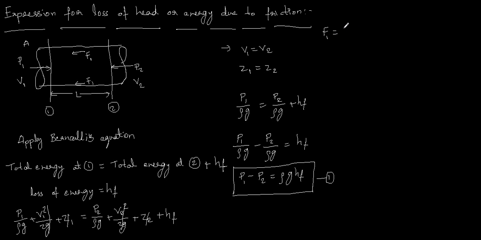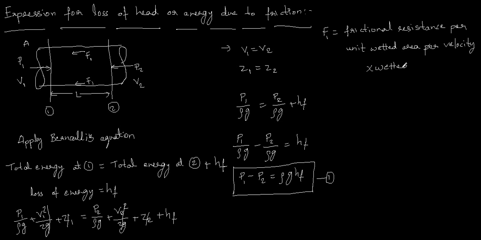That standard formula is: frictional resistance per unit wetted area per unit velocity, into wetted area, into velocity square.